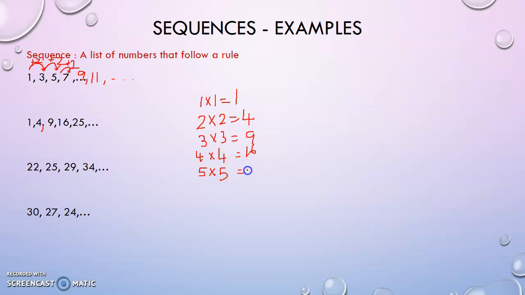So from this we know how to find the next number in the list. The rule to find the next number is multiply 6 by 6. 6 into 6, 36.